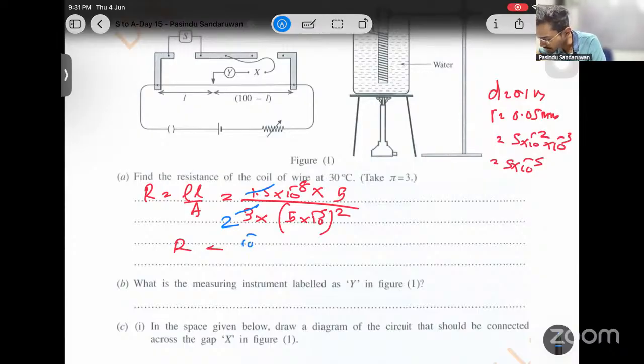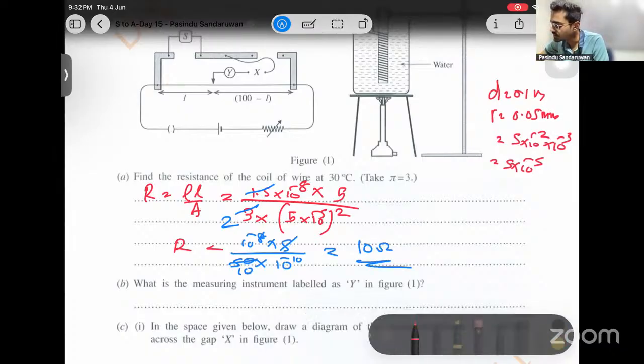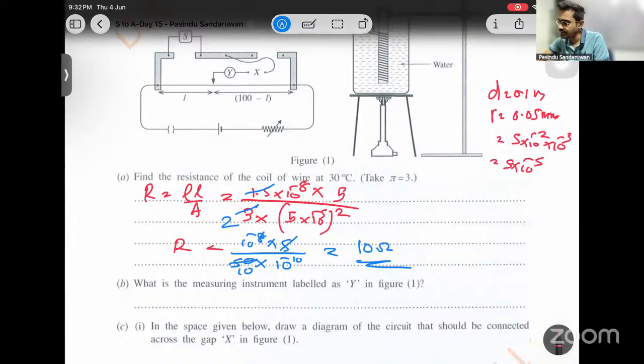Simplify, 10 to the power minus 8. 25 times 2 again is 50, 50 again 10 to the power minus 10. Then finally 10 to the power minus 9 here, over 10 to the power minus 8 above, which means that is exactly 10 ohms. Simplified, 10 ohms. Right? 10 ohms.